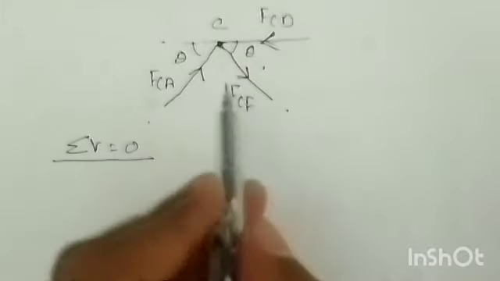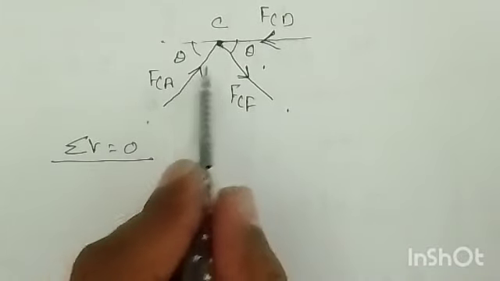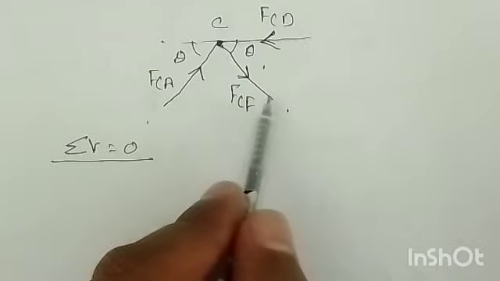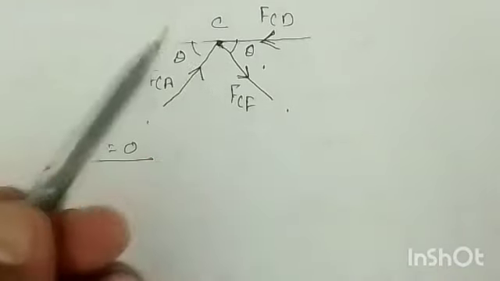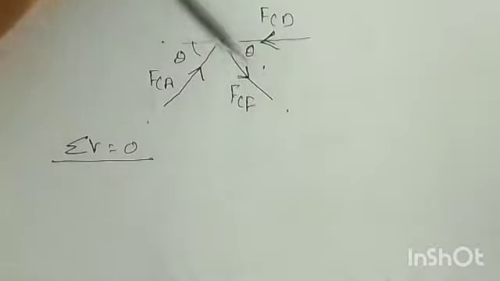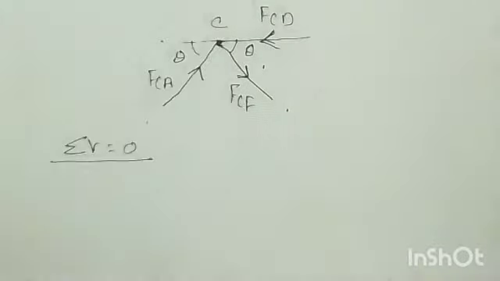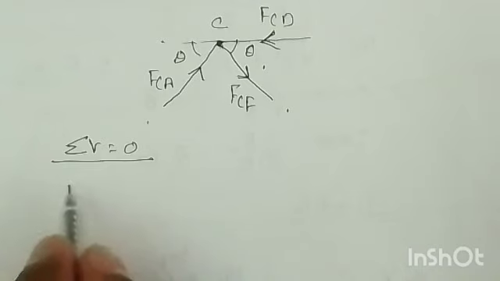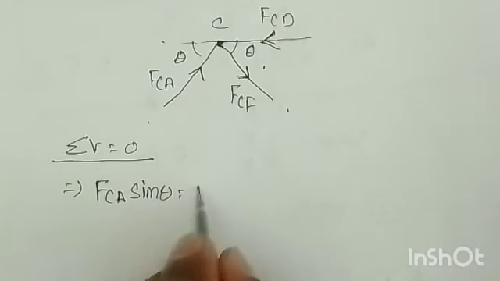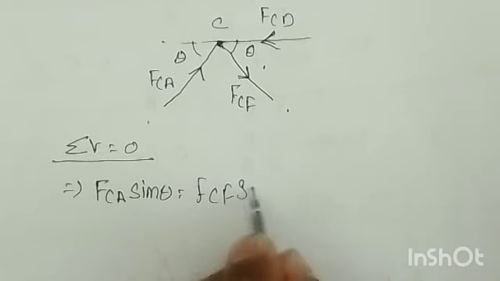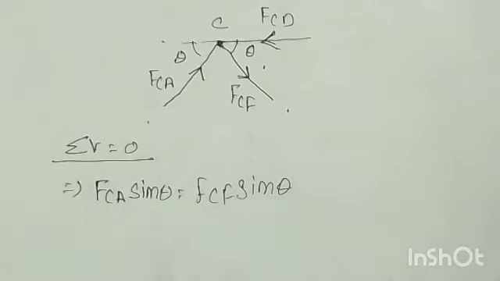So what are the V? That is its vertical component and its vertical component. So the vertical component for this is what? FCA sine theta. It will go up, and the arrow is down, so it will go down. So you can say FCA sine theta is equal to FCF sine theta, right?